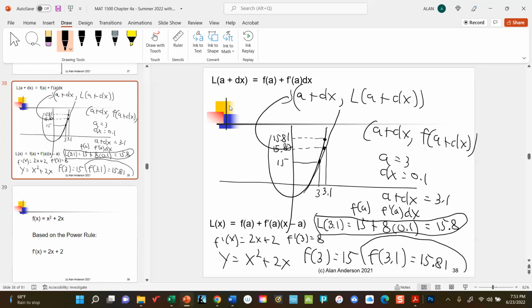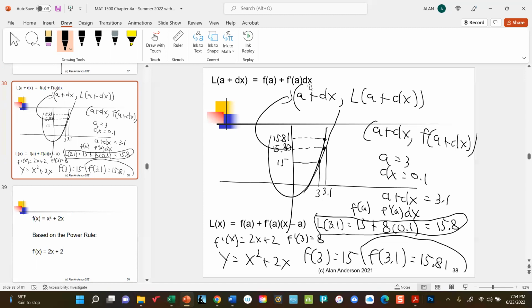Wow, that was a lot of work, wasn't it? Yes. But the idea here is that once you get used to this linear function, you need to know the original f of a. You need to know the derivative, because that's giving us the slope of this tangent line. And that's being adjusted by the size of the change, dx, so that we're moving up to a different point on the same tangent line.